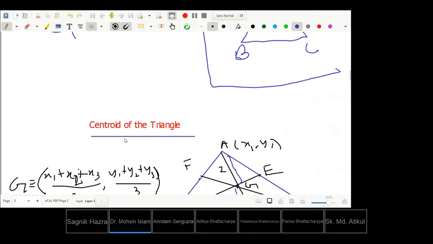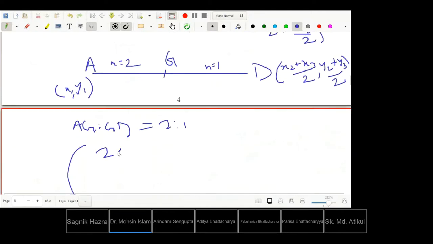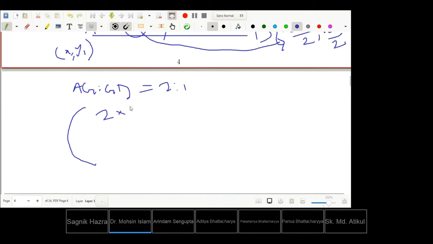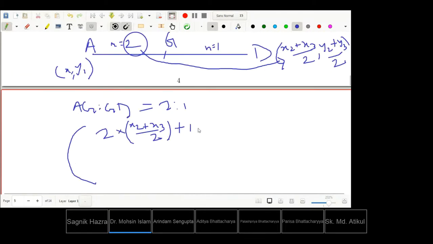So 2 into x2 plus x3 by 2, plus n x1, n is 1 into x1, by 2 plus 1, comma.